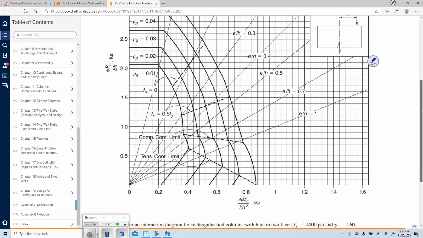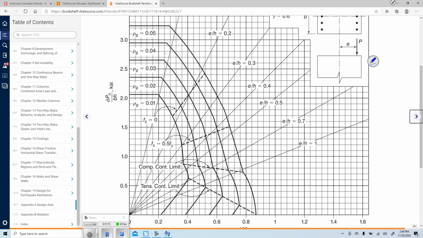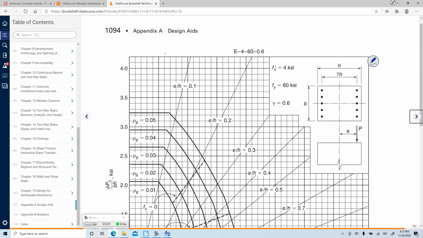So these are the design aids that you can use. These are all based on your F prime C, your Fy, and this gamma.